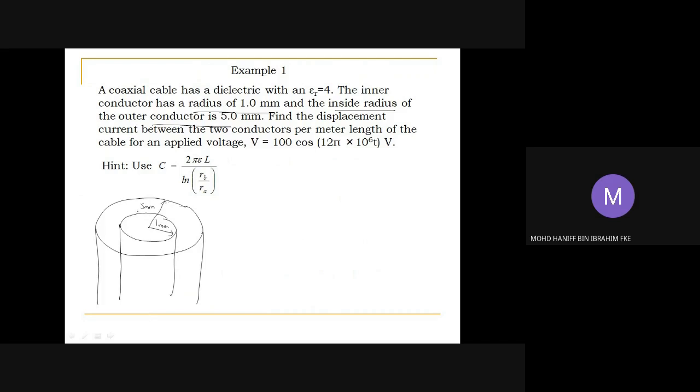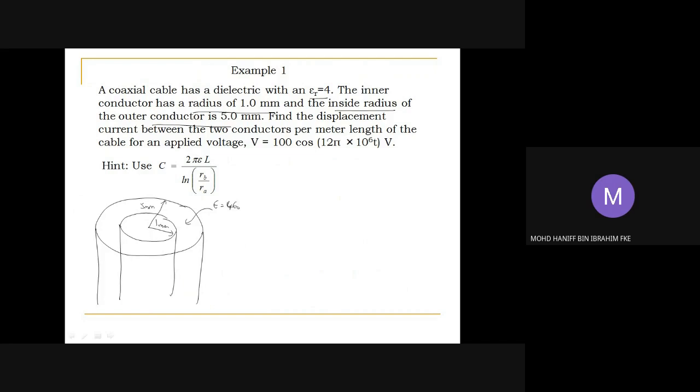In between the two conductors we have the material with epsilon equals 4 epsilon naught, because the value is given as relative permittivity, so the permittivity in the dielectric here will be 4 epsilon naught.